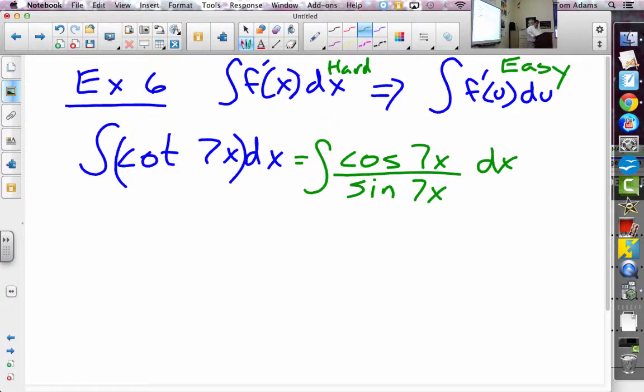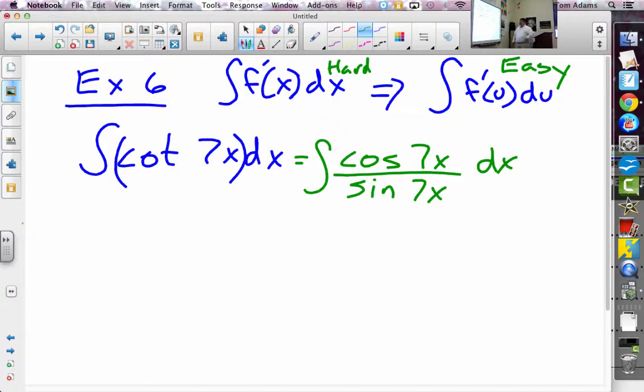So then we have to choose which would be easier for us to do. And then we also have to deal with this 7x business, okay? So what would you guys choose? What might be a good way to choose u? We could either choose sine of 7x or cosine of 7x.